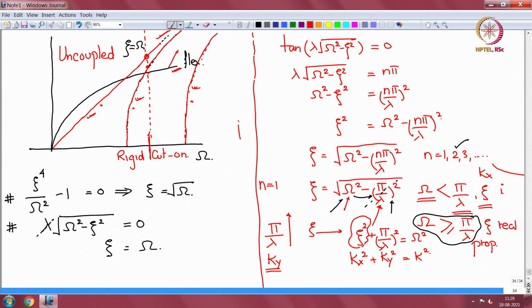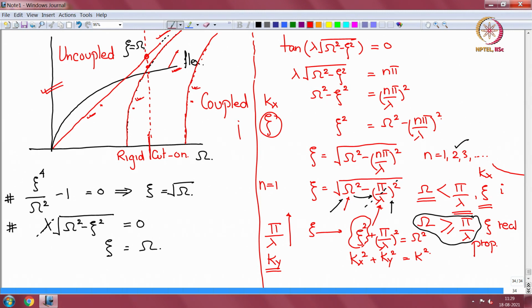Okay. But in actuality what happens, we are going to find the coupled wave numbers, that is the objective. We are going to find the coupled wave number, dimensional wave number kx or non-dimensional xi, we are going to do that. So, then we will plot xi on the same graph to see how they change.